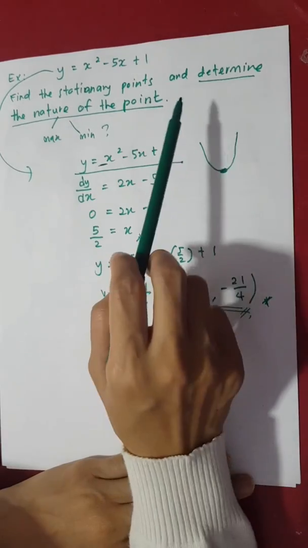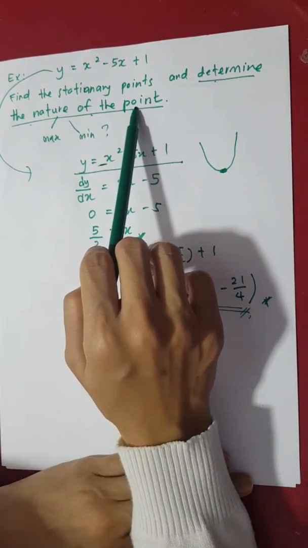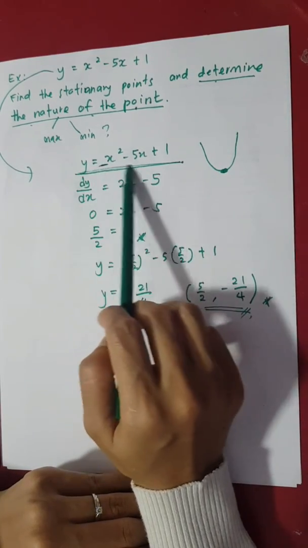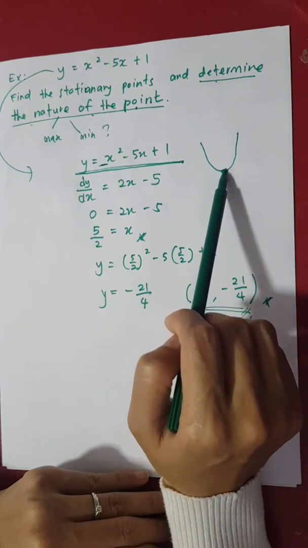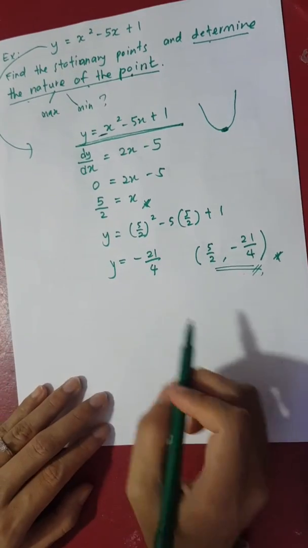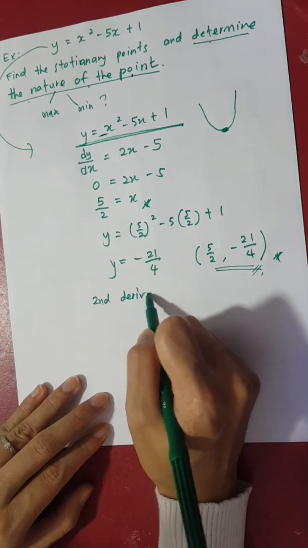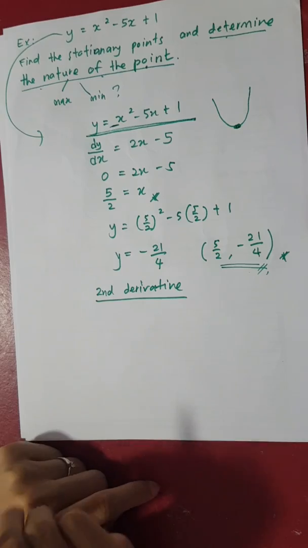So, just now, how to determine the nature of the point using differentiation? Let's say we have a cubic graph or whatsoever graph, and we cannot determine by guessing like in quadratic. So what you have to do is use the second derivative. Okay, so what is the second derivative?